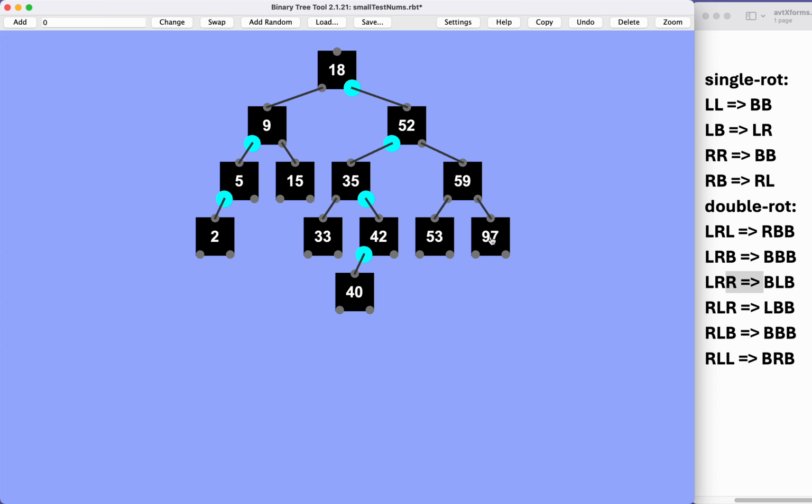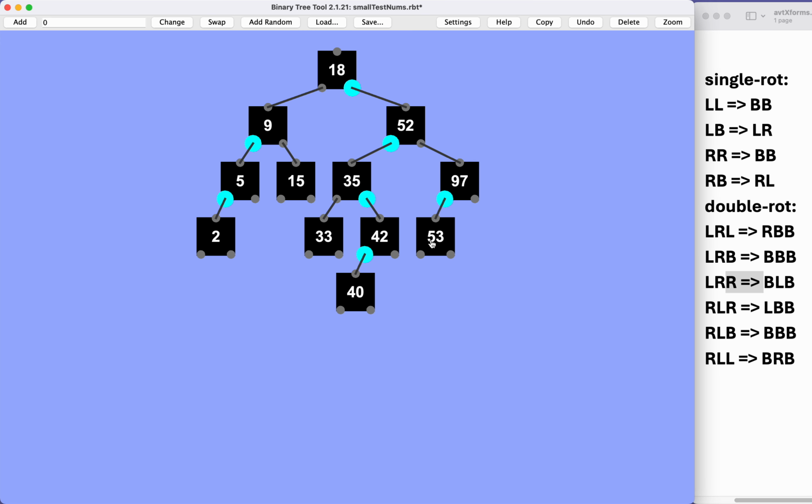Okay, so the first thing we do is we want to delete the 59. Well, it's an interior node, so I take its in-order successor, which is the 97, and copy its data there. The 97 now gets deleted, and that means that this node has seen its right child reduce in height by 1, therefore I adjust the balance factor like that.